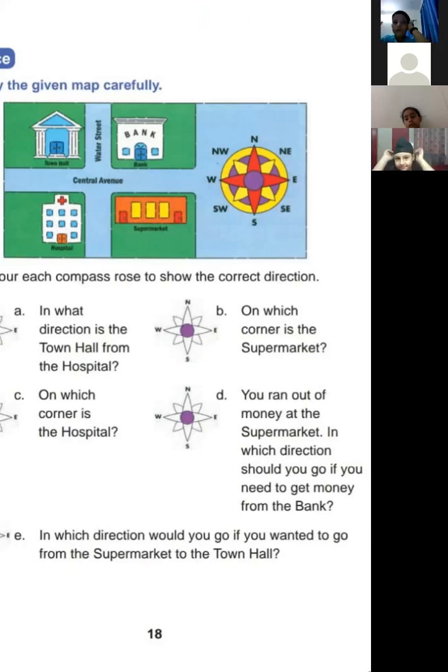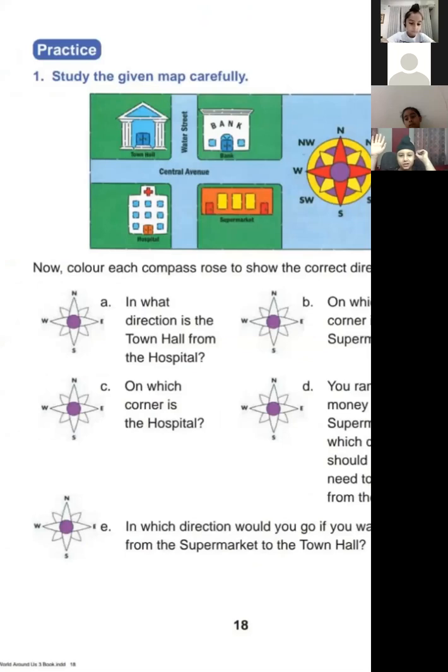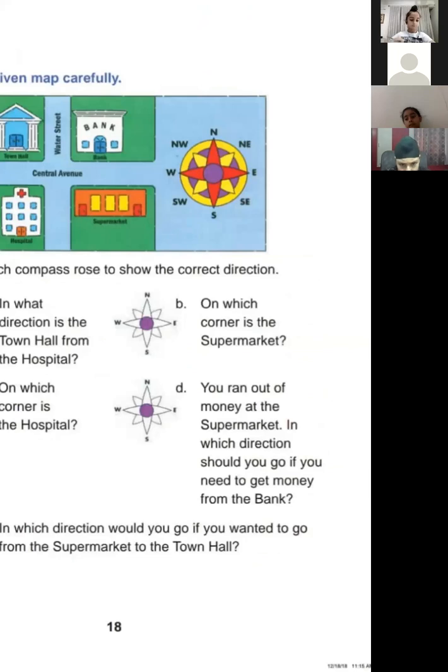C part, children. On which corner is the hospital? You are at Central Avenue. Southwest. Wonderful. Southwest. D part, you ran out of money at the supermarket. In which direction should you go if you need to get money from the bank?